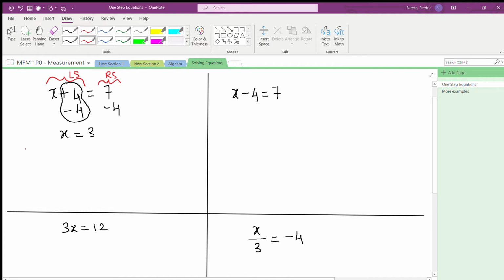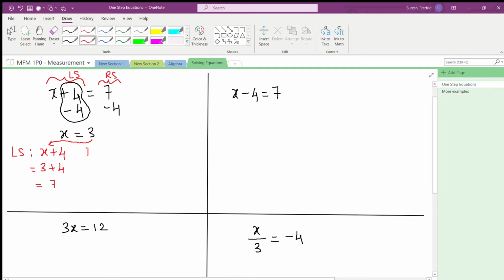I'm going to take the left side, which is x plus 4, and since I know the value of x is 3, I'm going to substitute this number 3 in place of the x. So what do I get? 3 plus 4, and that is equal to 7.